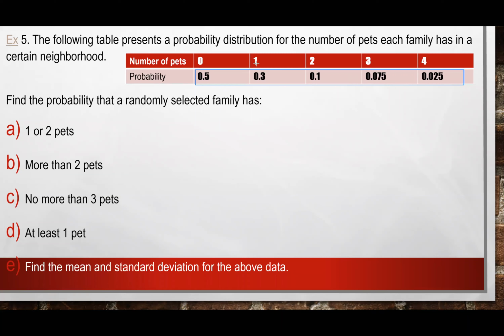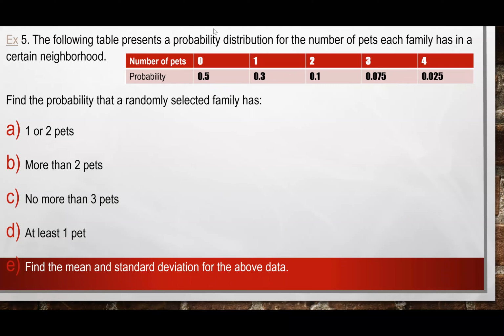So given this, this is the probability distribution that we have. Now looking at this, they ask you to find the probability that a randomly selected family has 1 or 2 pets. Basically, if we have this distribution, can you extract the information that fits this criteria?